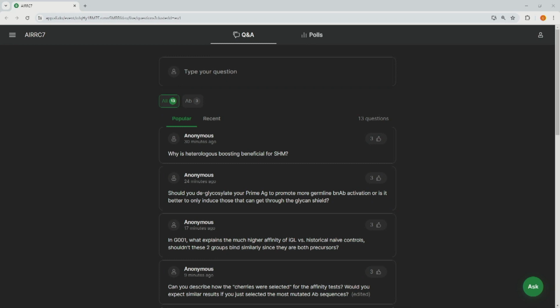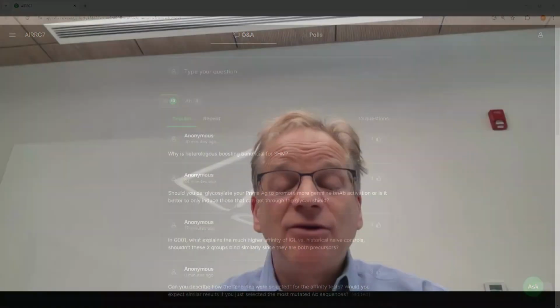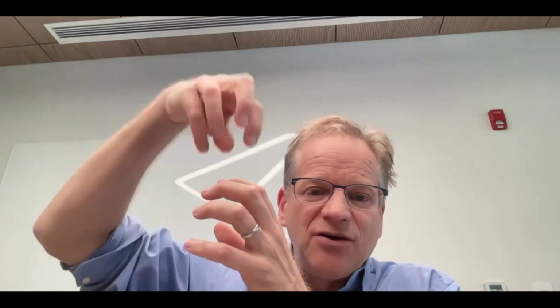Yeah, also a really good question. We've actually been trying to set up a formal test of that for a long time, and I don't know the answer, to be direct. We can make membrane anchored EOD-GT8 perfectly well. Where we've gotten hung up is in matching the CD4 T help in that construct with the lumazine synthase nanoparticle, because the underlying nanoparticle, which in this case is lumazine synthase, to which EOD is fused, has a lot of T helper epitopes that work super well in mice and in humans.